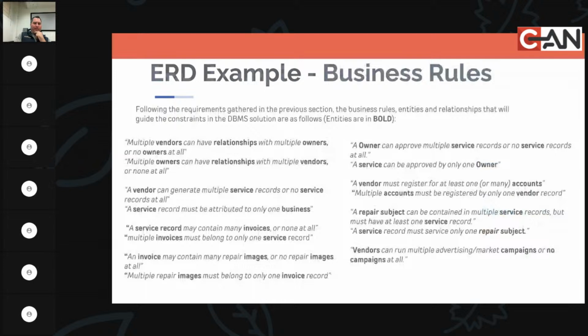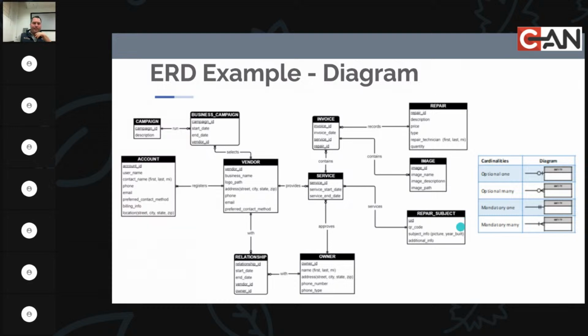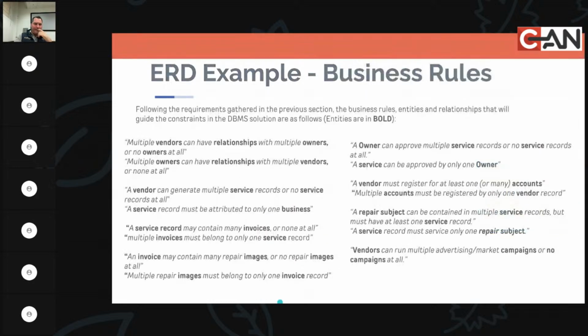So we've got multiple vendors can have relationships with multiple owners or no owners at all. All right, so we've got our vendor up here, what's this called? An entity. We've got attributes down here. We've got a relationship table. You don't have to have a relationship table, but this just happens to have that. And then you see these lines in between. So let's go back to this. Vendor can have relationships with multiple owners.